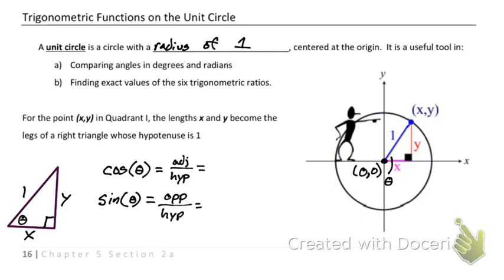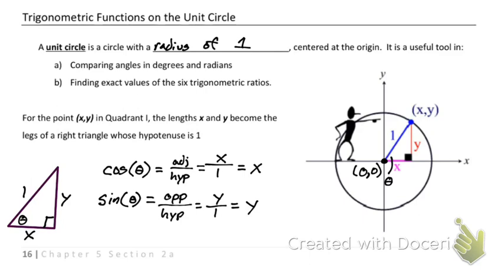Not numbers, but we can at least put letters and some numbers. Our hypotenuse is 1. And if we look at our angle, the side adjacent to theta is x. So cosine theta, which is adjacent over hypotenuse, we can rewrite as x, the adjacent side, over 1, which is more simply our x value. Our sine theta is opposite. Our opposite's y, over our hypotenuse, which is 1, which is going to equal y.